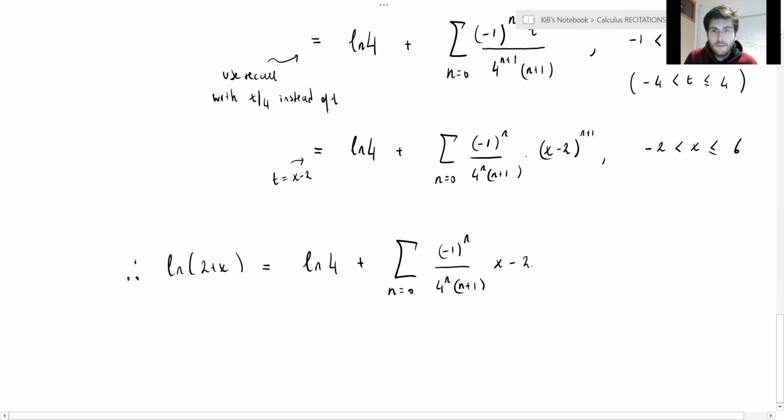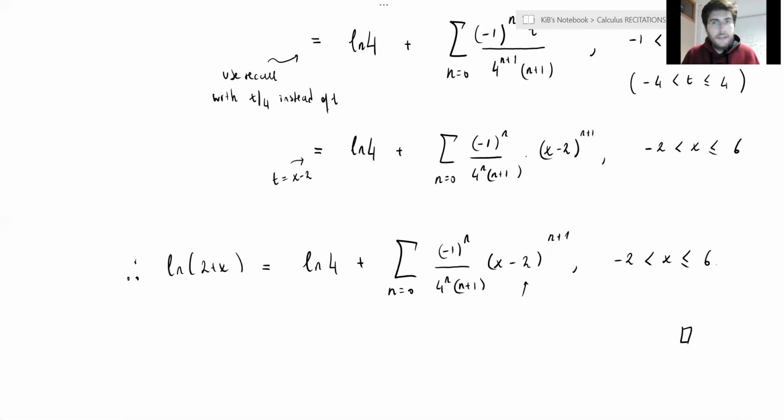You see the center of the expansion is 2, but of course with this domain of convergence. And we are done. As I said, we should be careful, but as you see, dealing with Taylor series is not that hard.